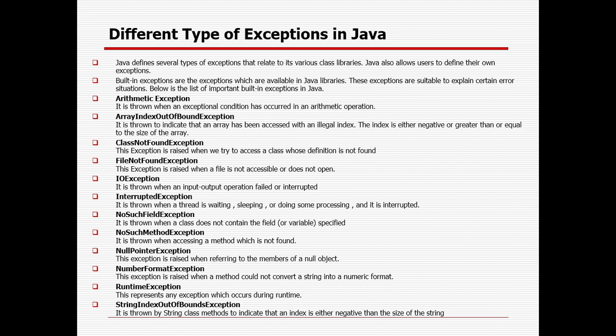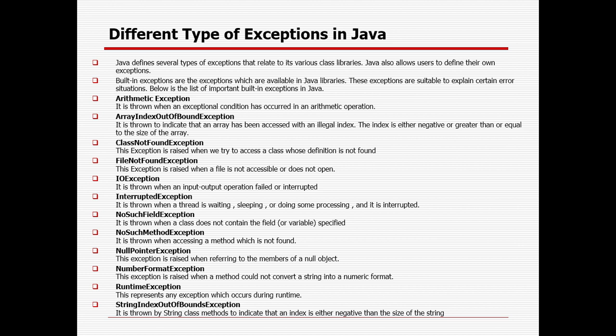InterruptedException: if you are using a thread and the thread is already in sleeping or waiting status, you cannot access the thread. NoSuchField: the field is not available. NoSuchMethod: the method is not available. NullPointer: sometimes you are referring to an object which is null.